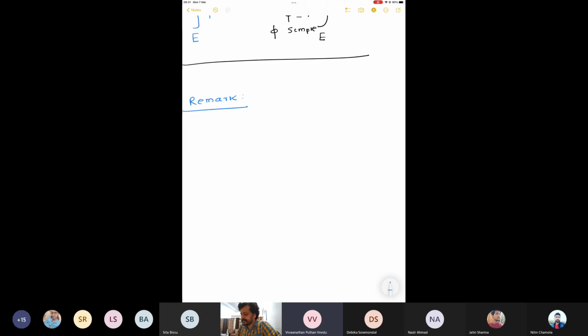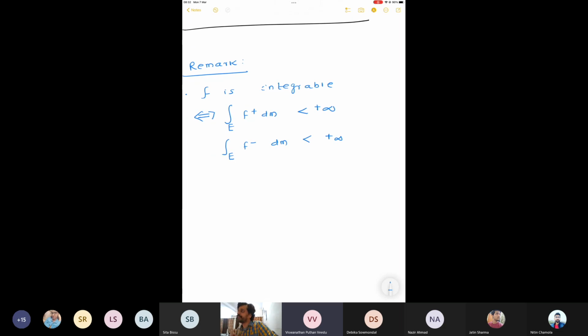That is, f is integrable if and only if integral over E f plus dm is less than infinity and integral over E f minus dm is also less than infinity. This was our definition. And once both are finite, you can define integral over E f as the difference of integral of f plus and integral of f minus. That we have done.